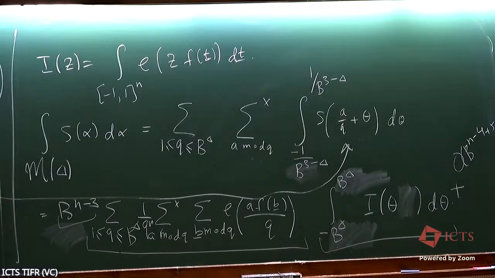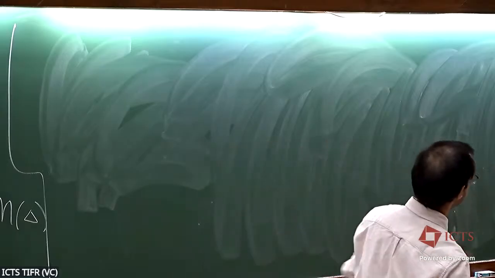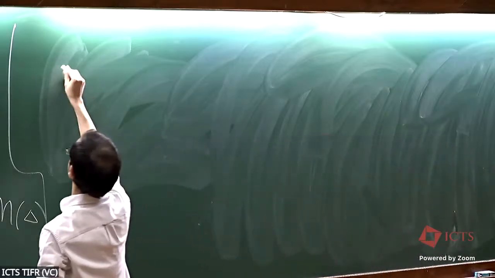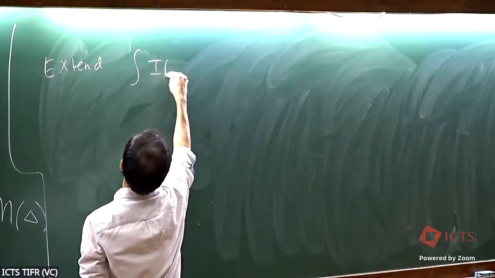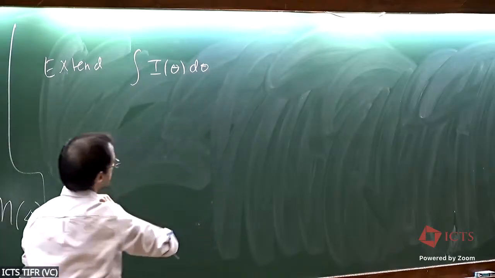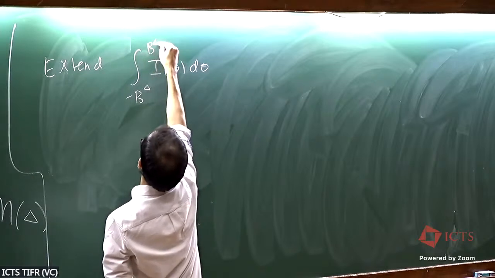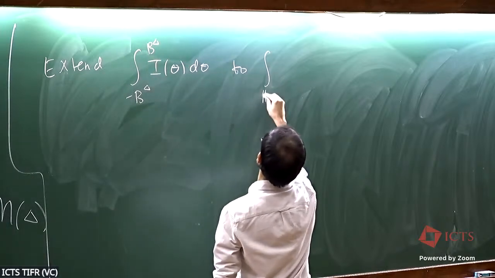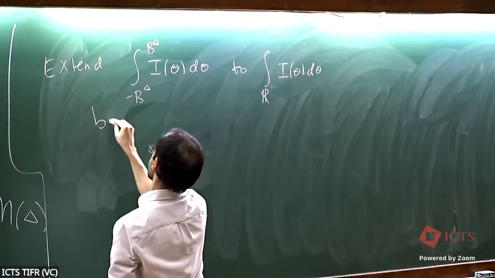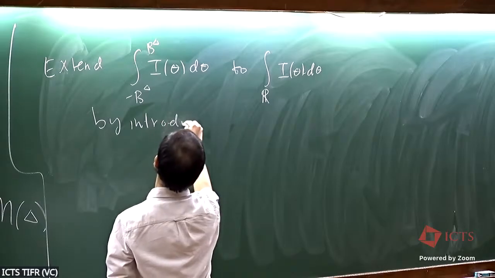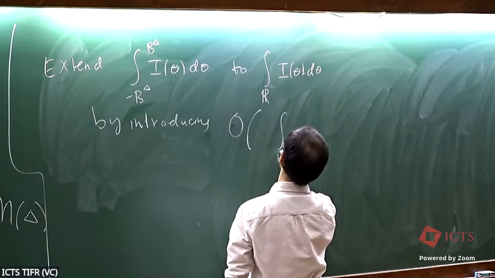Okay, so basically in order to get to how big this contribution is, the first thing that we want is we'll extend this integral from negative b to the delta to b to the delta to everything, and introduce the error, which is big O of b to the delta to r.